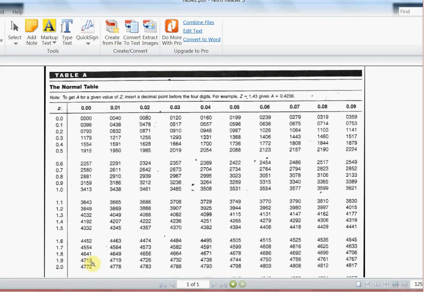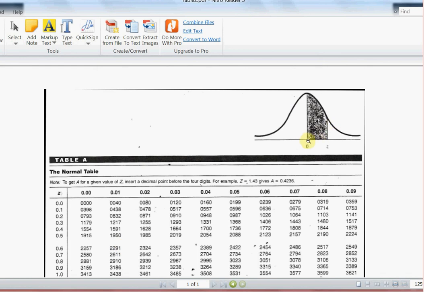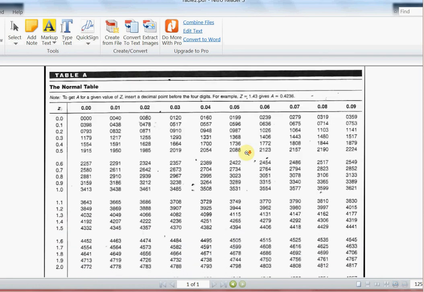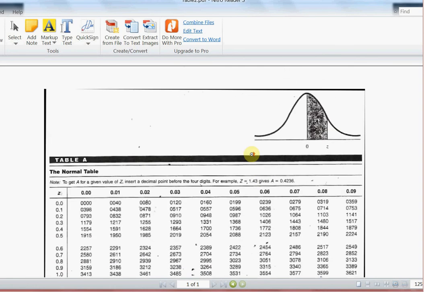So 4713, or 0.4713, or 47.13%. This percentage refers to an area that starts from the middle to this z-score 1.90. Okay, so this number 4713 refers to this area from the middle to a particular z-score, or from the mean to an x value of 90.